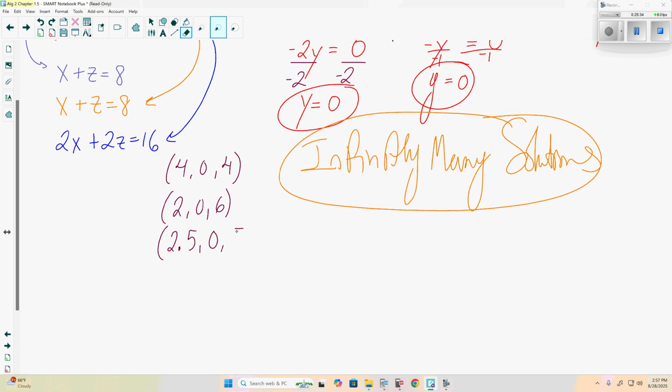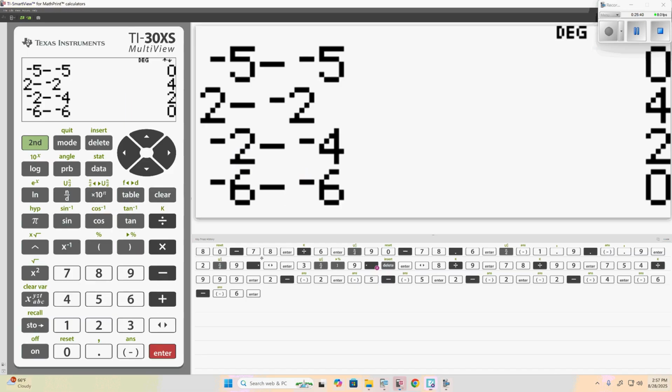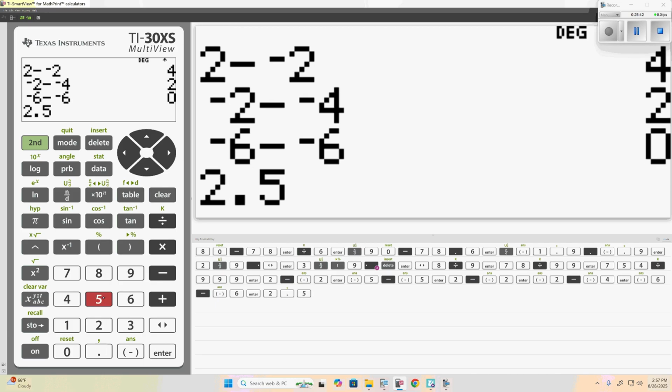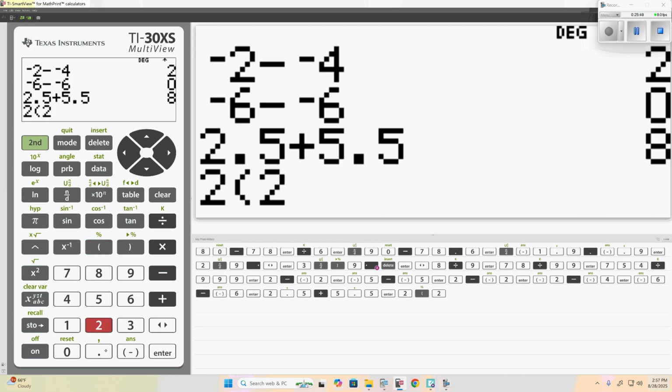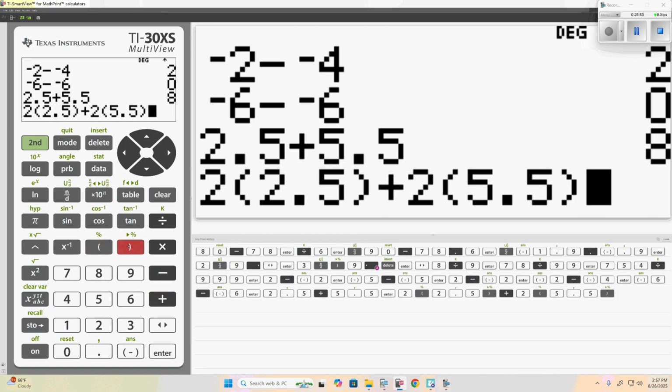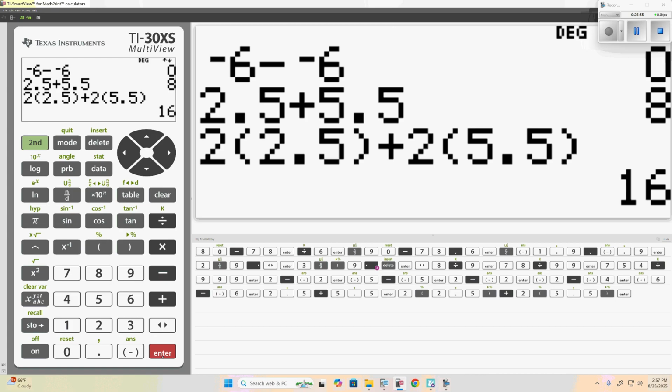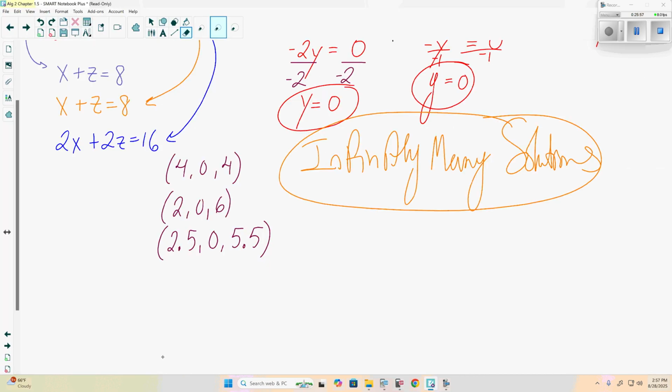2.5. 2.5 plus 5.5 is indeed 8. 2 times 2.5 plus 2 times 5.5 is 16. So again, there's an infinite number of solutions we can have.